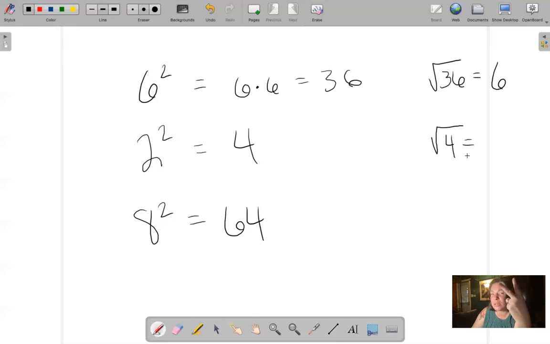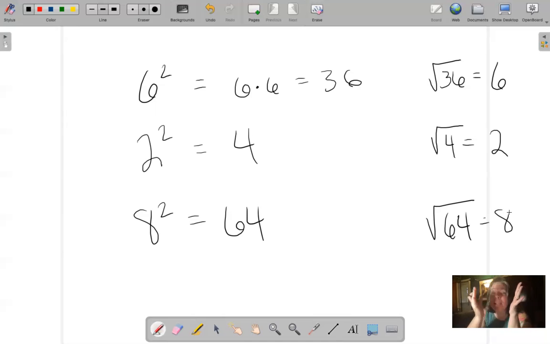Two identical numbers multiplied by each other that make 4. 2. What is the square root of 64? What times what equals 64, and both have to be the same? That's 8. So 8 squared is 64, and the square root of 64 is 8.